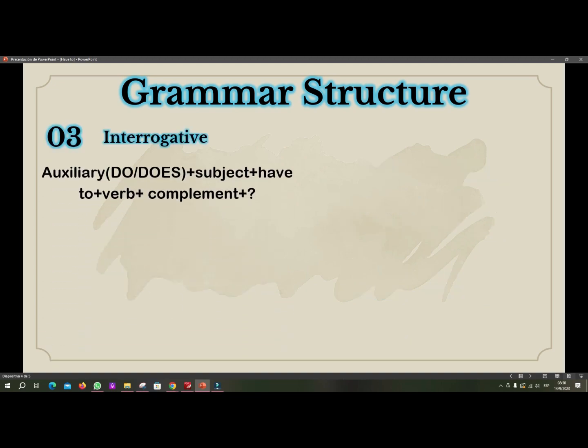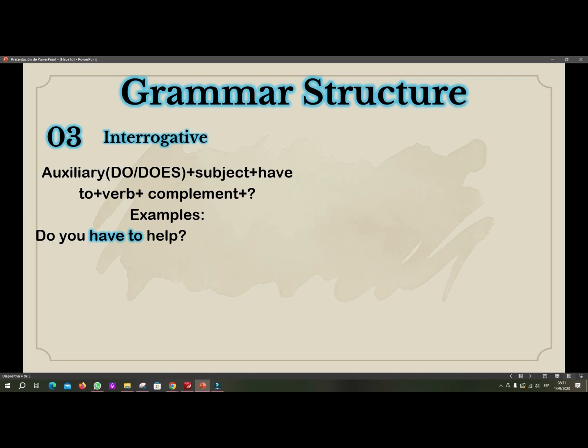Interrogative, just yes/no questions. First, the auxiliary do or does, it depends on the subject, plus have to, the verb in the base form, the complement, and don't forget the question mark at the end. So, for example, do you have to help? That is the question.